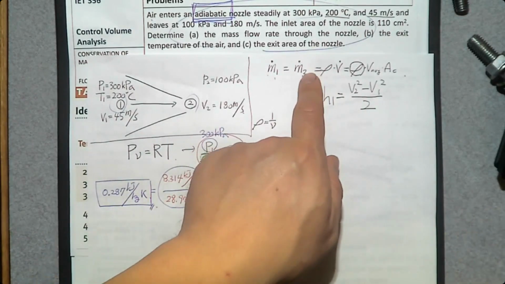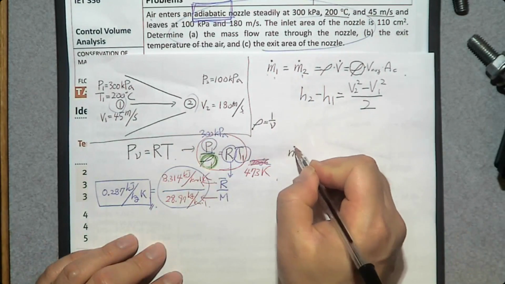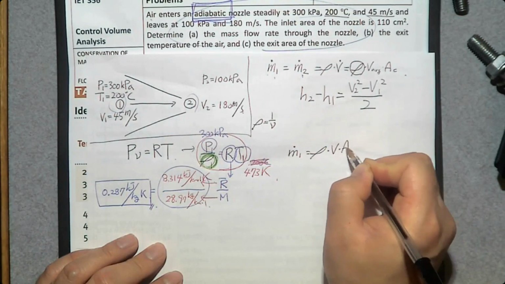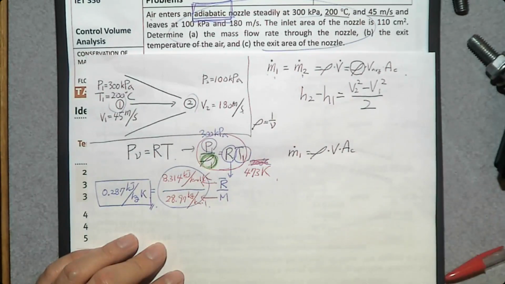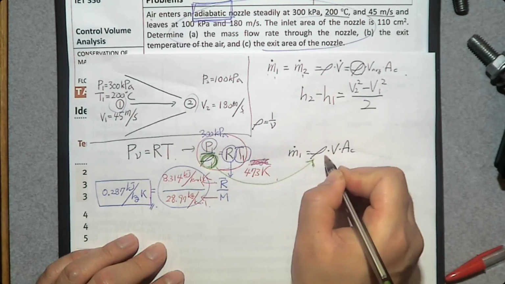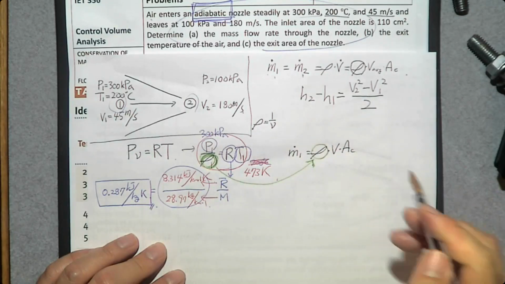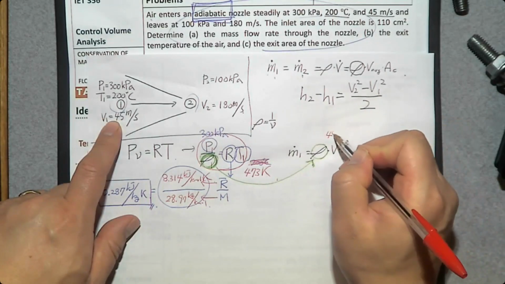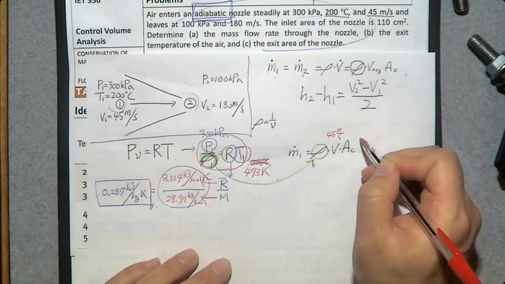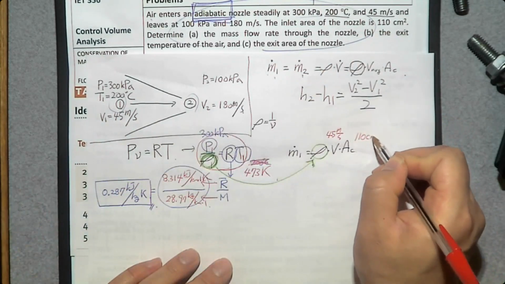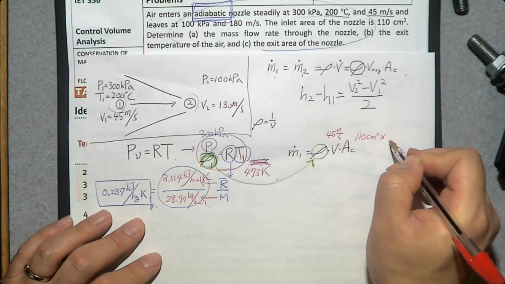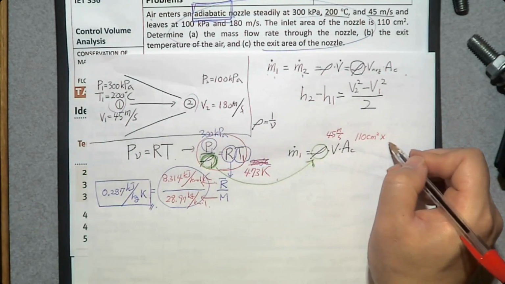And let's come up with this mass balance equation. M dot 1 is density times velocity times cross-sectional area. And here is the density that we calculated from this ideal gas equation. What is the velocity at the inlet? 45 meter per second. What is the cross-sectional area? 110 centimeters square. Oh, we don't like centimeters. 100 centimeter is 1 meter. And by the way, we have a centimeter square.